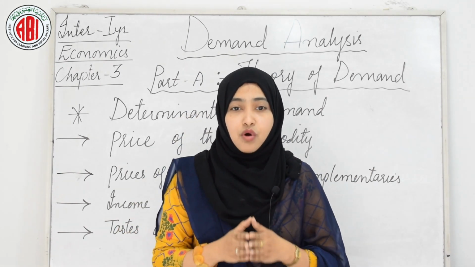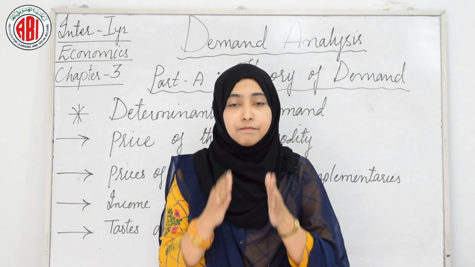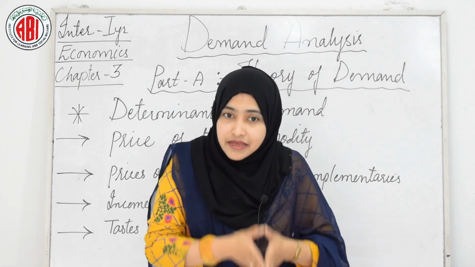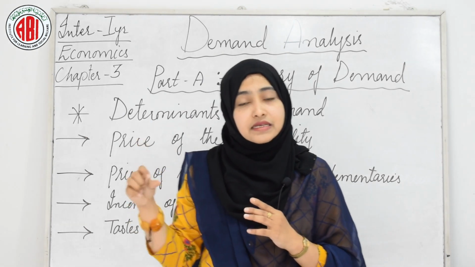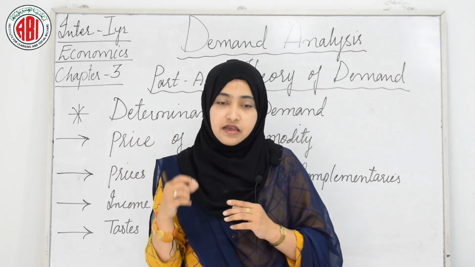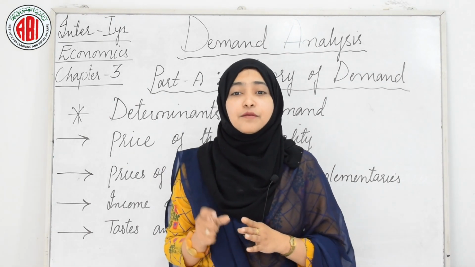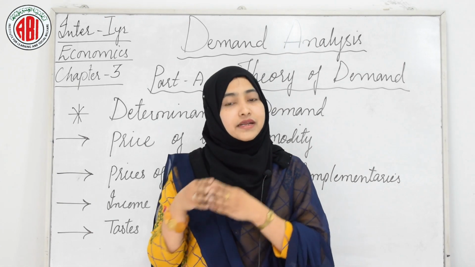The price of substitutes influences the demand for a commodity up to a certain extent. Get it? An increase in the price of coffee leads to an increase in the demand for tea. Absolutely.